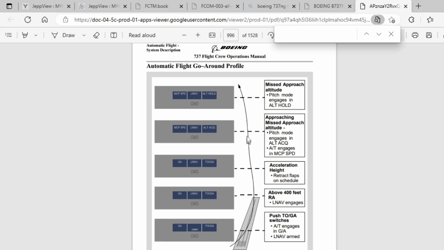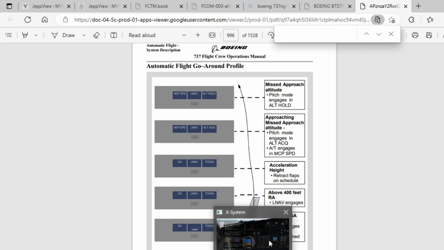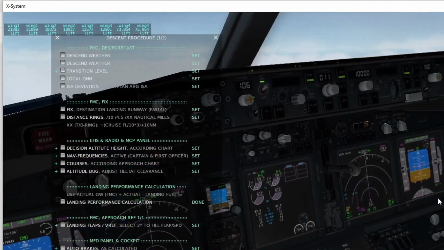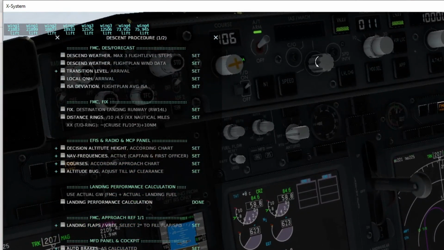And then approaching the missed approach altitude, pitch mode will engage to acquire. Auto throttle will engage MCP speed.